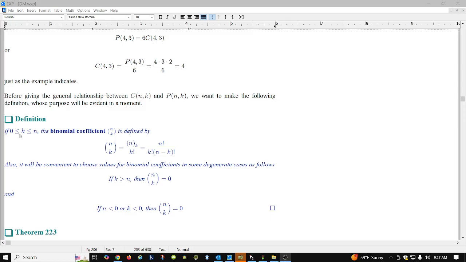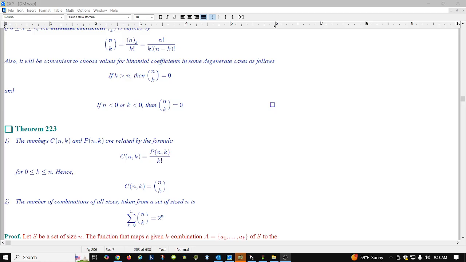So if k is an integer between 0 and n, the binomial coefficient, read n choose k for reasons I'll discuss shortly, is defined by n choose k equals n lower factorial k divided by k factorial, which has this very nice symmetric formula in terms of factorials: n factorial divided by k factorial times (n minus k) factorial.